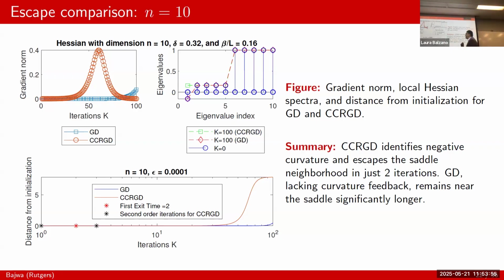So what is happening is we initialized it in the region where it's going to be slow escape. But CCRGD checked that condition based upon the theory and quickly realized that it is aligned too much with the stable subspace. So it moved you from there, and then you quickly escaped faster and came back to a local minima.